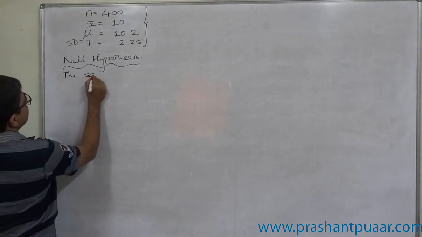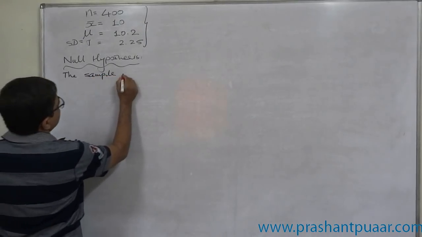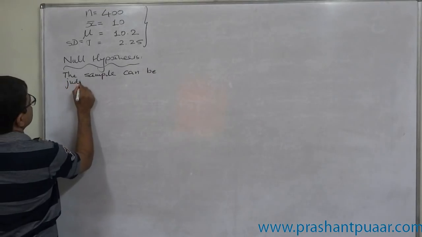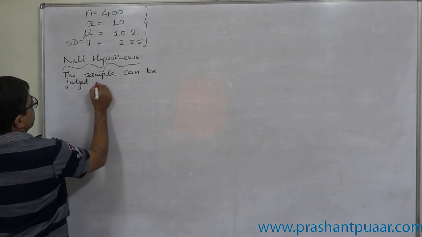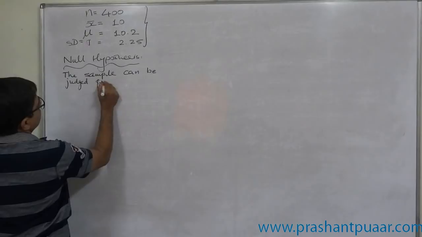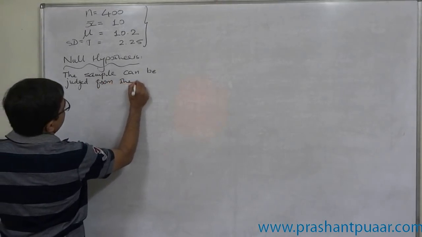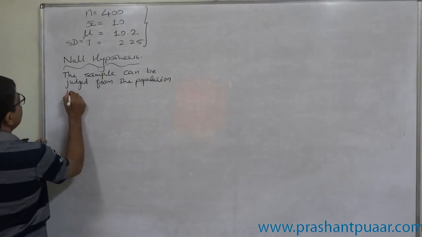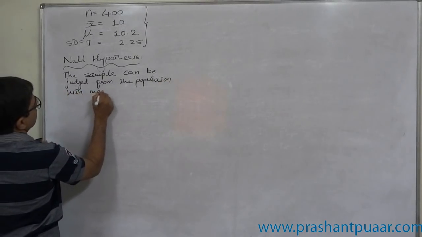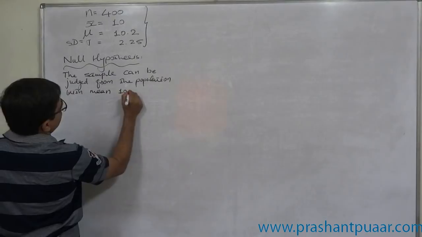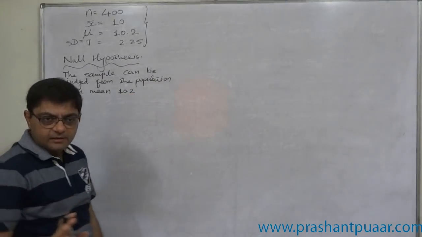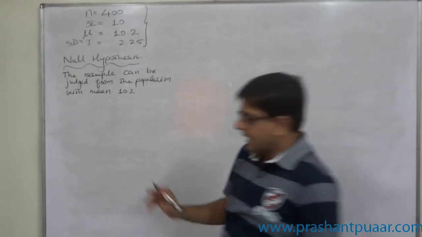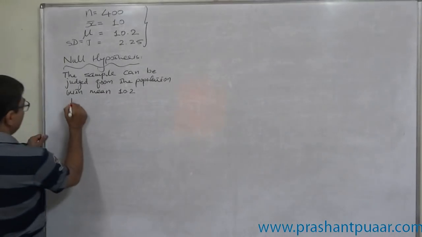The sample can be judged from the population with mean 10.2. That means we are accepting that the population from which this sample has been drawn has a mean of 10.2.